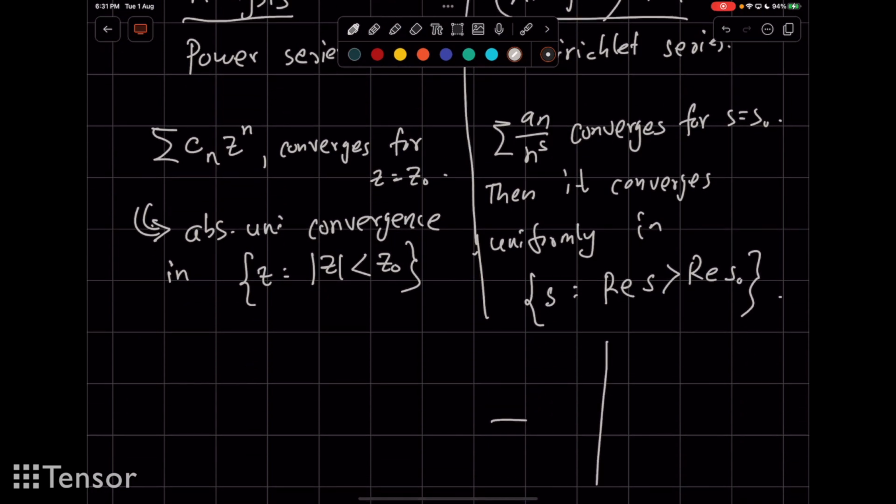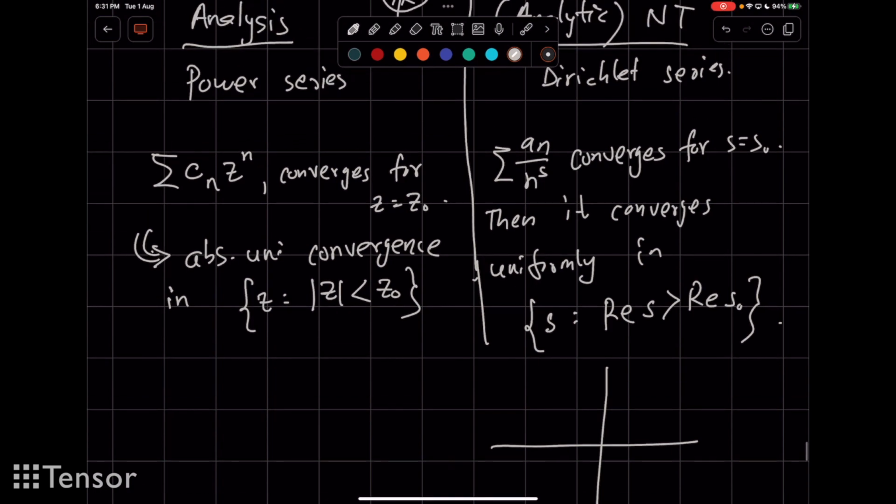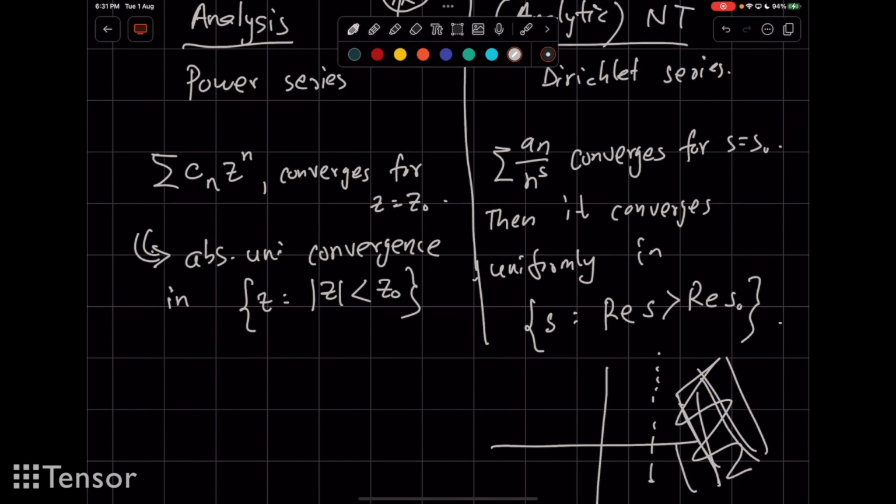Visually speaking, if this Dirichlet series converges at, let's say, this point, then everywhere in this right half plane, this Dirichlet series converges uniformly.